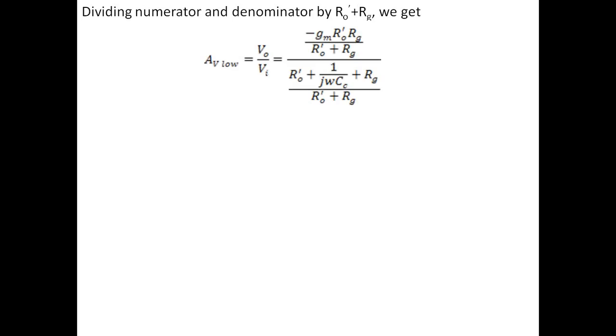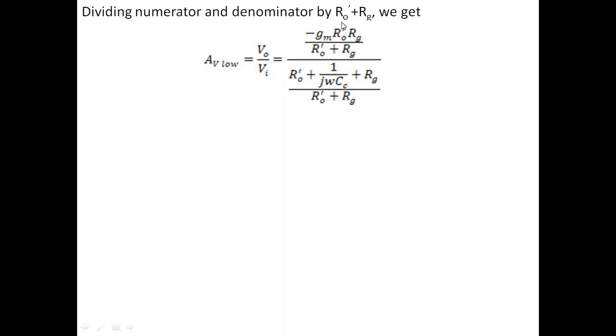Divide both numerator and denominator by R0 dash plus RG. We get AV low equal to minus gm R0 dash RG divided by R0 dash plus RG, whole divided by R0 dash plus 1 by j omega CC plus RG divided by R0 dash plus RG.